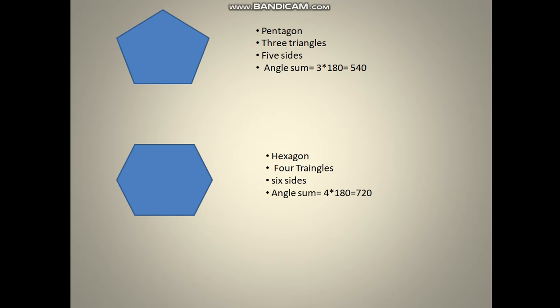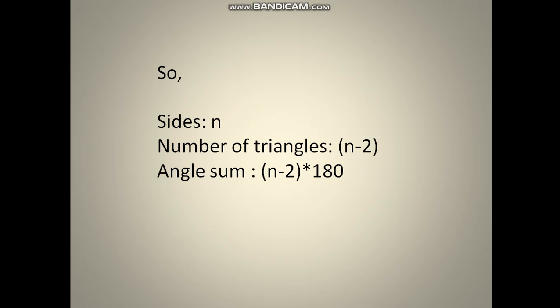And in the hexagon, we can divide it into 4 triangles and it has 6 sides. So the angle sum is 4 into 180, which equals 720.